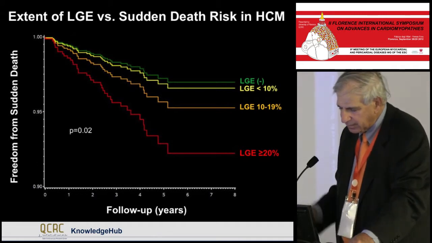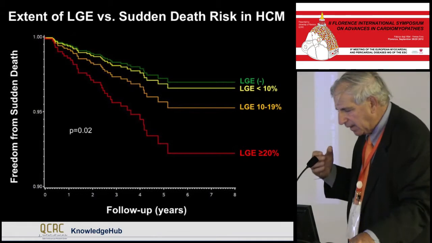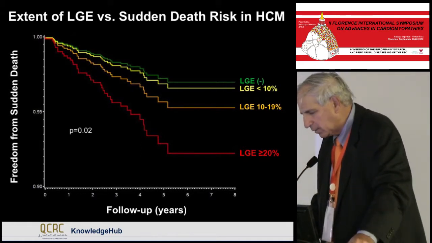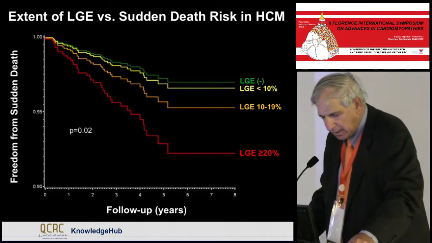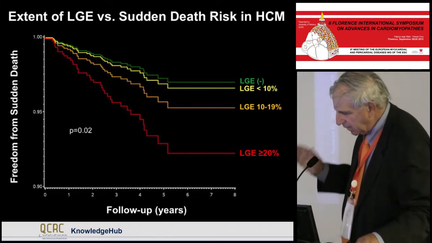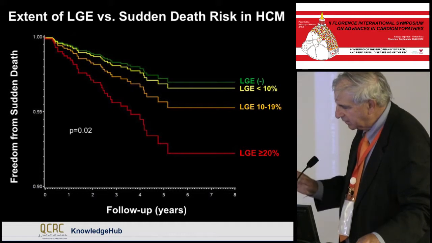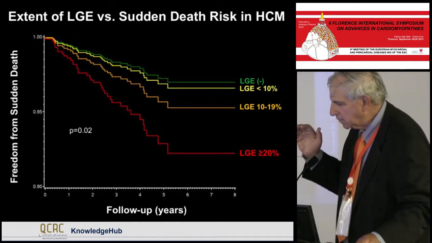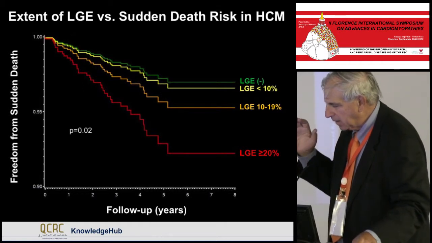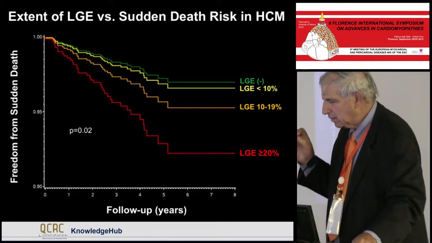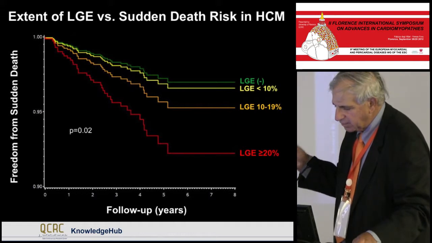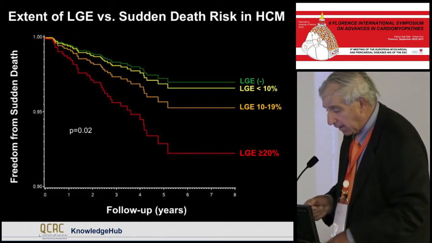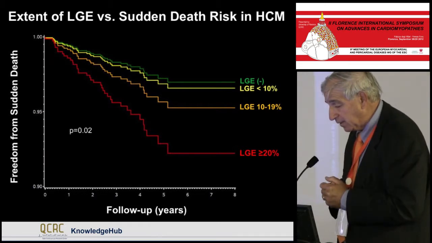It turns out, as I'll show you, that if you cut this at 20% or more, then you probably have the cut point that is most relevant for interpreting this amount of LGE as significant for the generation of arrhythmias and sudden cardiac death, as well as, it turns out, the end stage.